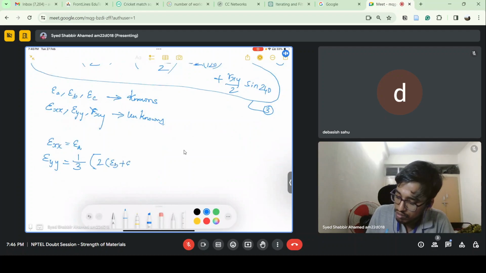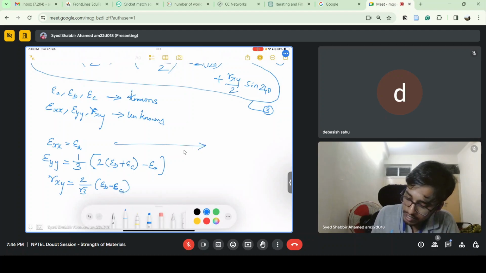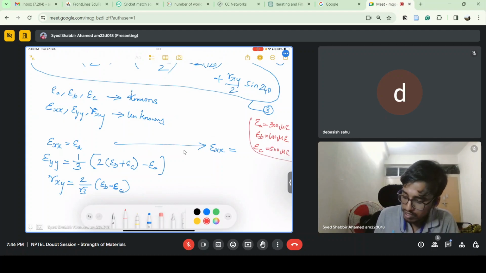Epsilon A is given in the problem as 300 microstrain, epsilon B as 400 microstrain, and epsilon C as 500 microstrain. These are the strain gauge measurements.